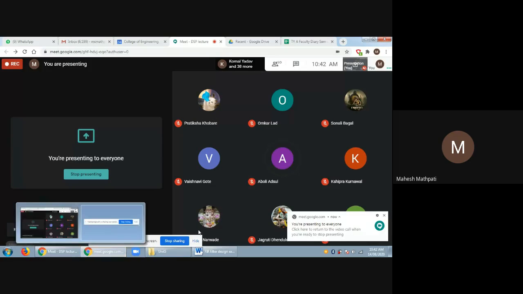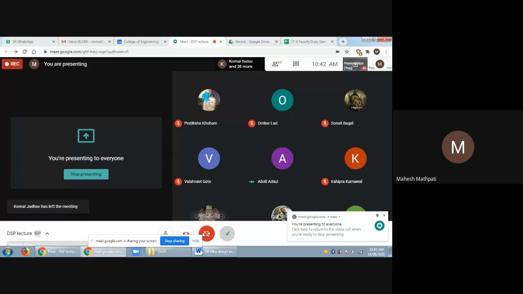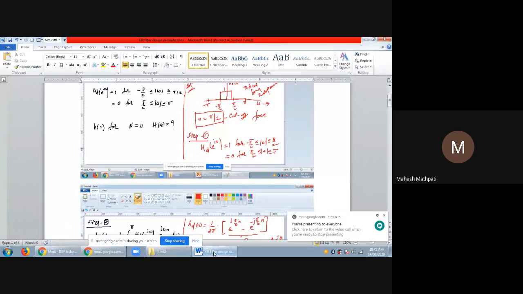So what we discussed in the second step, can anyone tell me? To calculate the desired impulse response. We calculated the desired impulse response with what formula?